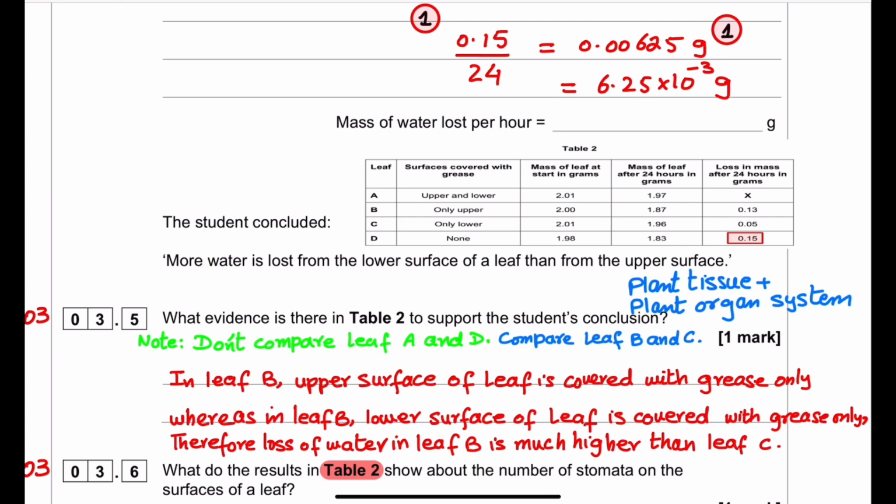Therefore, loss of water in leaf B is much bigger than leaf number C, which shows that there are more stomata on the lower surface as compared to the upper surface. And the student concluded more water is lost from the lower surface of the leaf than the upper surface of the leaf, which is a correct conclusion.